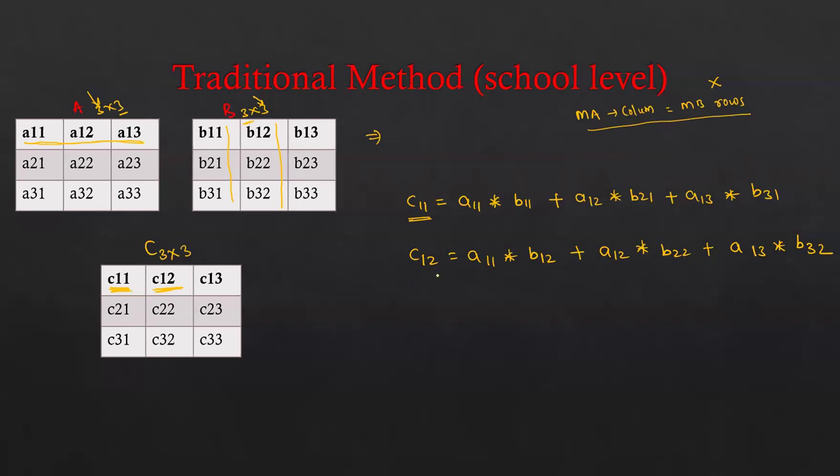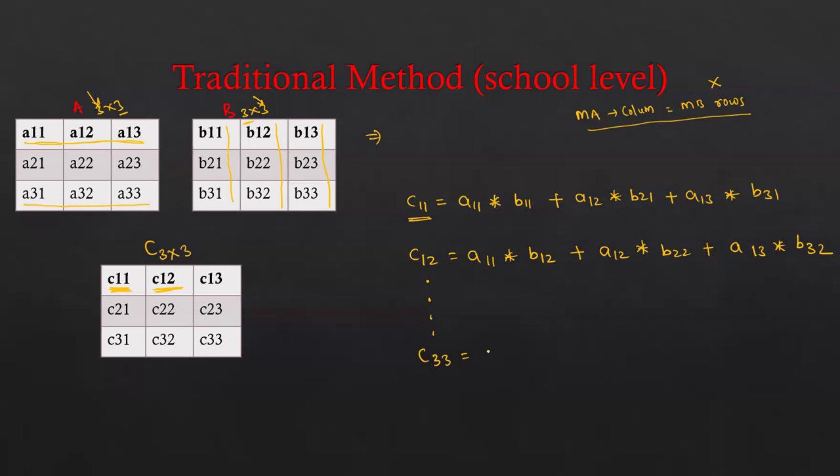Similarly, you need to continue this until we get the C33 value. I will write C33 also. So how can I write C33? The third row is multiplied with the third column. If I do this, then you will get the C33 value. These things are learned at school level itself.